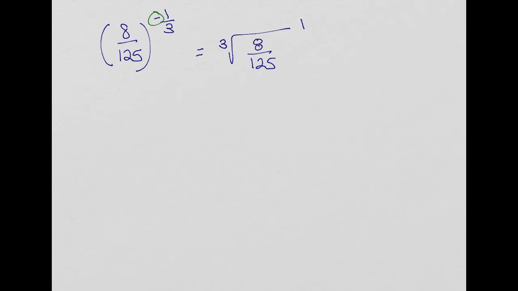The cube root of 8 is 2. The cube root of 125 is 5. And so 2/5 to the first power is just 2/5. But remember, I have that negative exponent, so I have to do the reciprocal. So I'm going to flip that, and that will be 5/2.